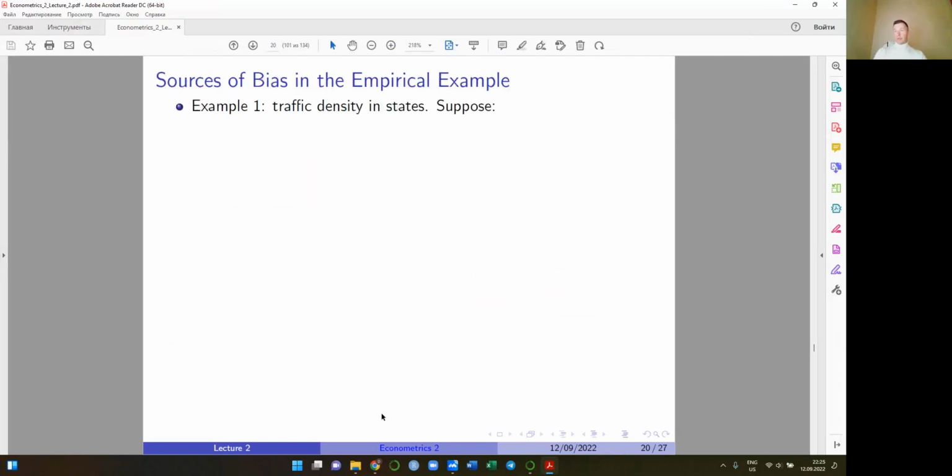Let's go through some examples of potentially omitted factors and think whether they cause this problem. Traffic density in states. Suppose high traffic density means more traffic deaths, which seems logical. So x2 is a determinant of y.